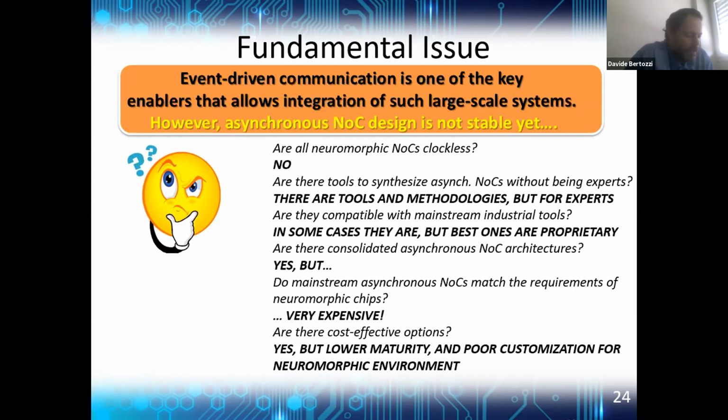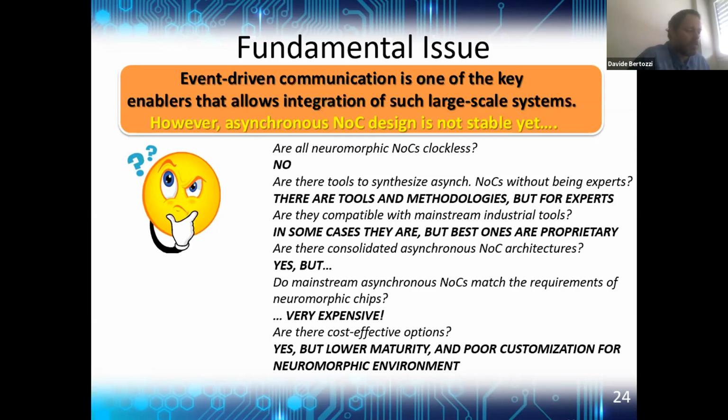There are actually tool flows that are compatible with the mainstream industrial CAD tools and that have been published, but they are either unoptimized or, in the best case, and we have such best cases, they are not easy to reproduce at all, because they imply some hacking on top of these mainstream industrial CAD tools. So this doesn't sound like an ideal situation to enable design space exploration.